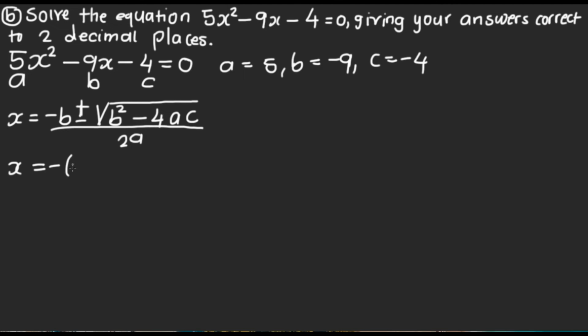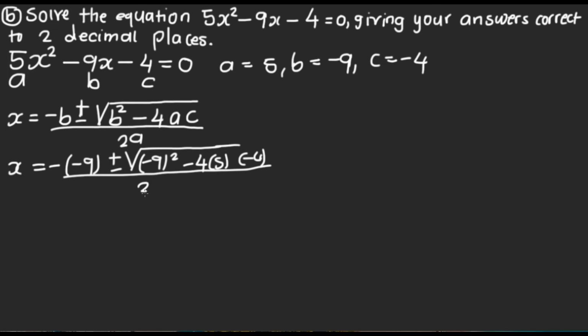What's our b? Negative 9, so negative 9 plus or minus the square root of negative 9 squared. What's our a? 5. c is negative 4, over 2 times 5. Negative times negative is positive 9. Then negative 9 squared will give us positive 81.